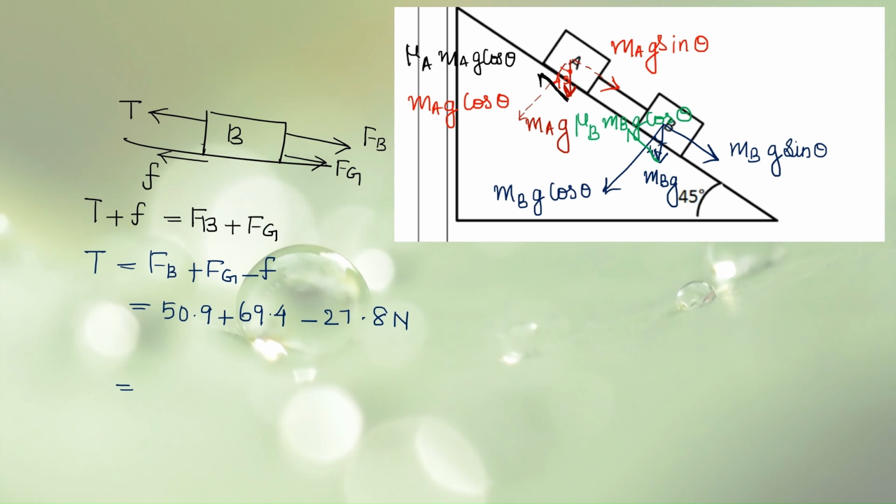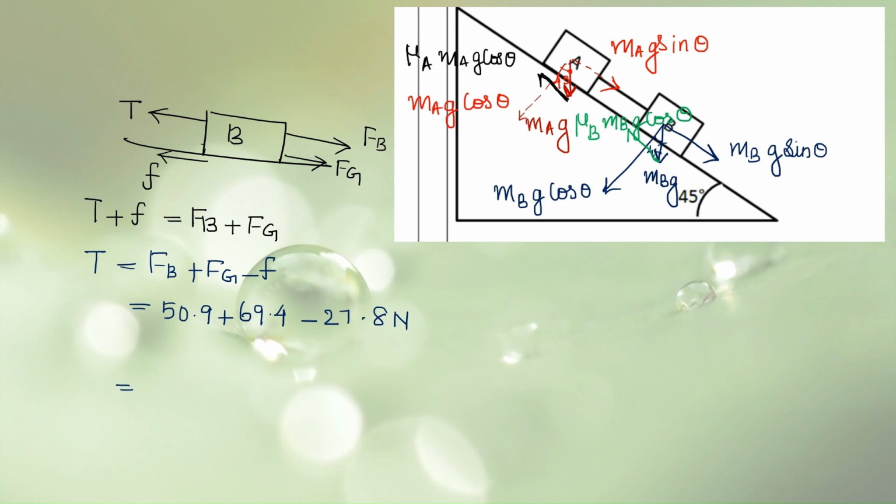So we are having 50.9, that is the force due to acceleration, plus the force due to gravitation. Gravitational force is 69.4. Okay, and the sum will be 120.3, and the force due to friction is 27.8.